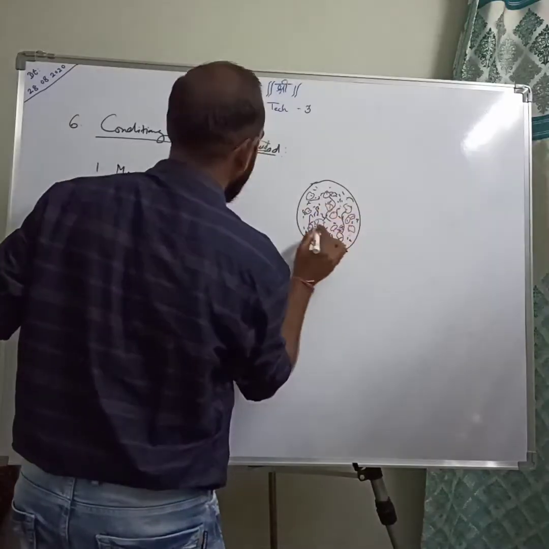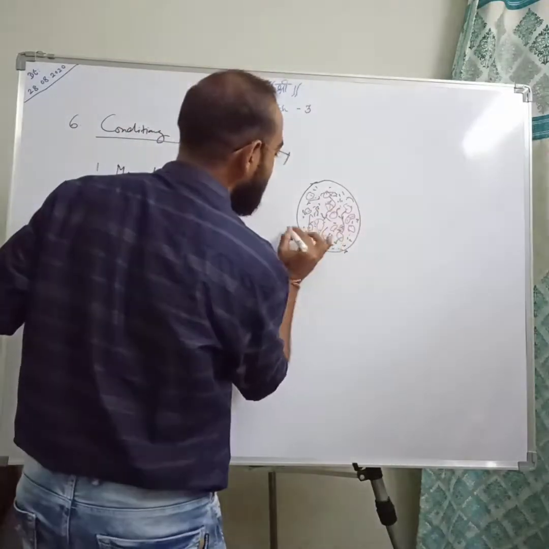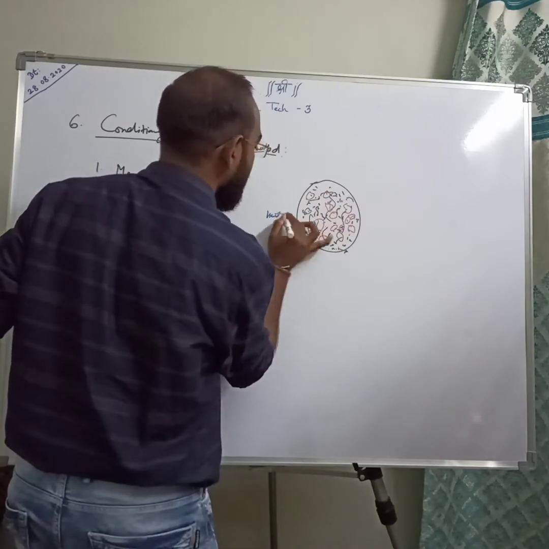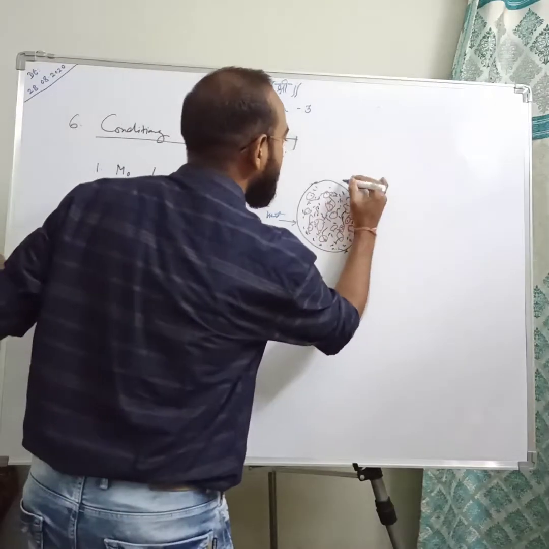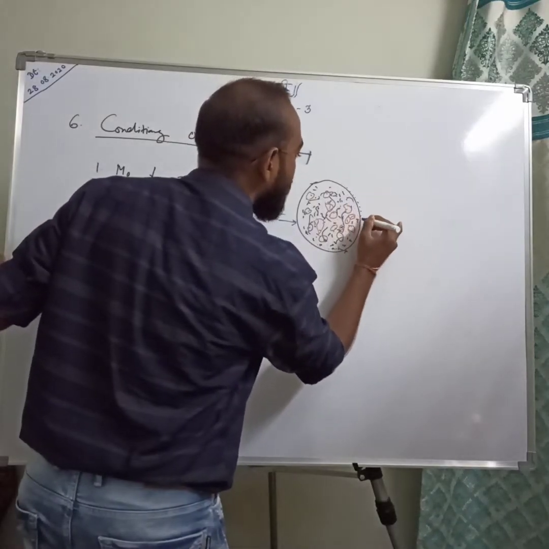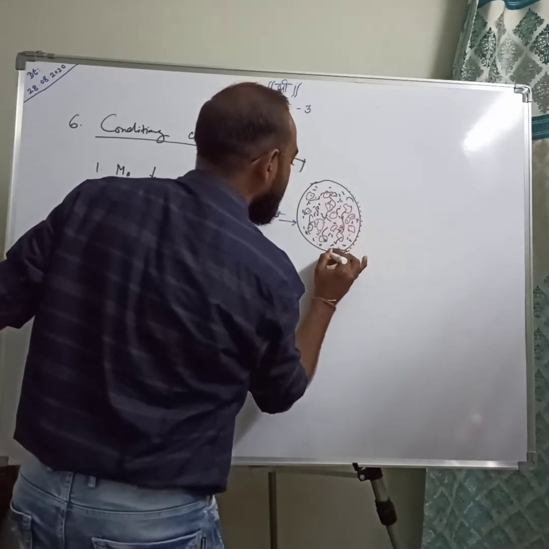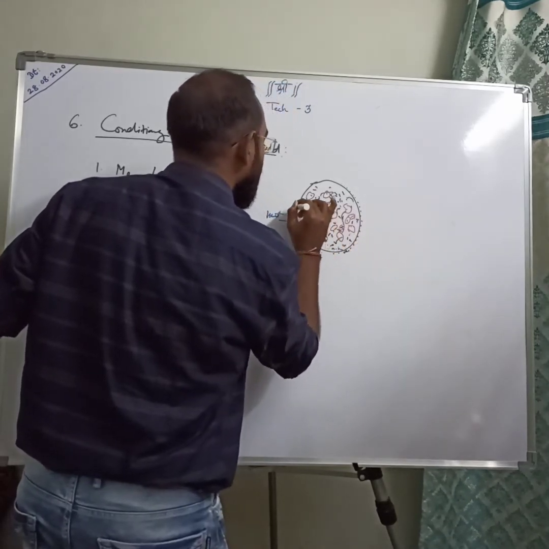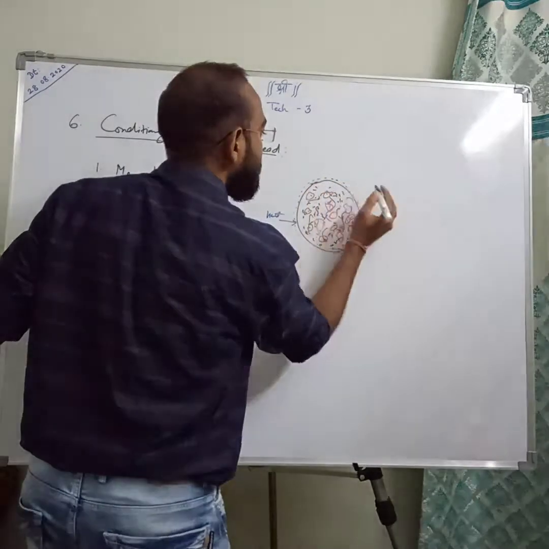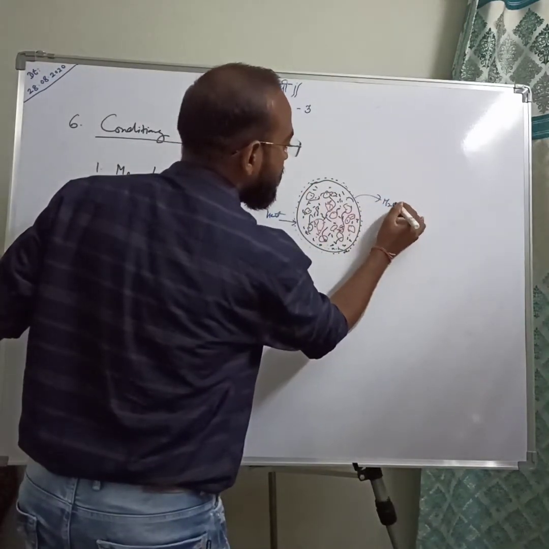Once heat is supplied, it comes to the outer layer of the surface and forms a very thin layer of water or moisture.